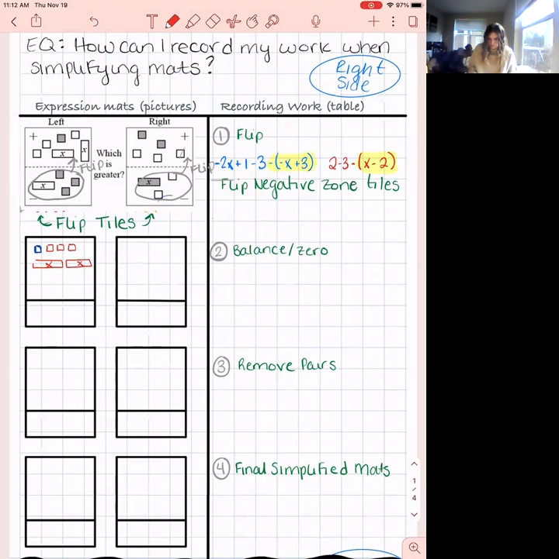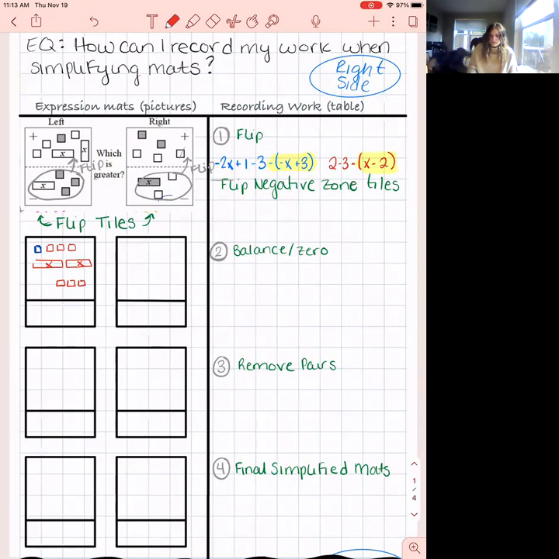Okay, now we need to figure out what's going to happen to those bottom tiles. Right now, on the bottom, I have 3 blue unit tiles. When I move them up top, they need to flip. So I need to move my 3 blue unit tiles, or those 3 filled in gray unit tiles, up to the top and flip them. Now they are 3 red unit tiles.